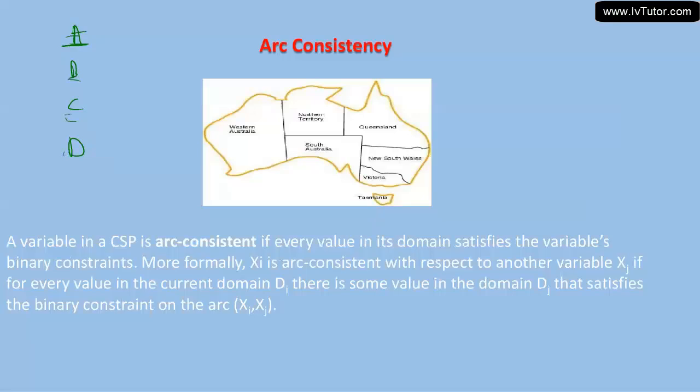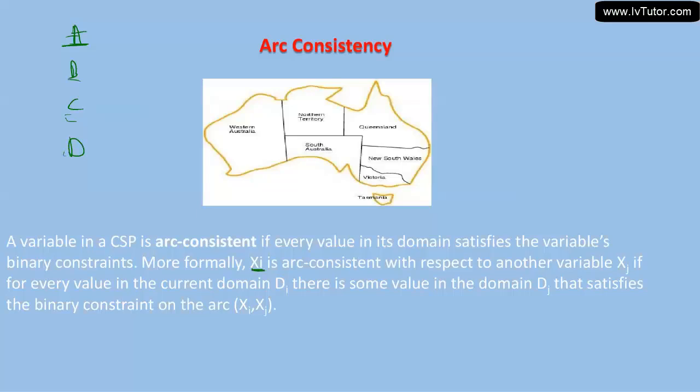So a variable in a CSP is arc consistent if every value in its domain satisfies the variable's binary constraint. More formally, if you have a variable Xi, we say it's arc consistent with respect to another variable if for every value in its current domain there is a value in the domain that is left for the other one.